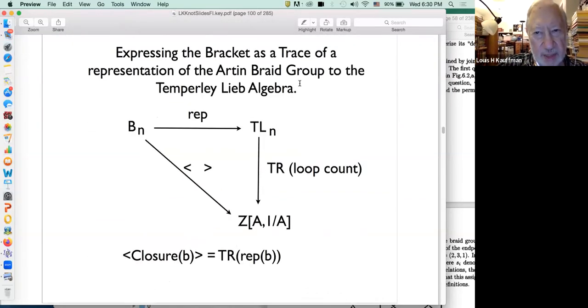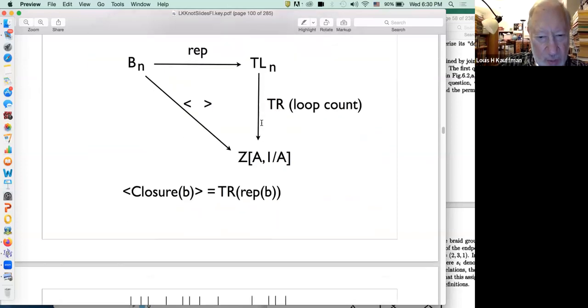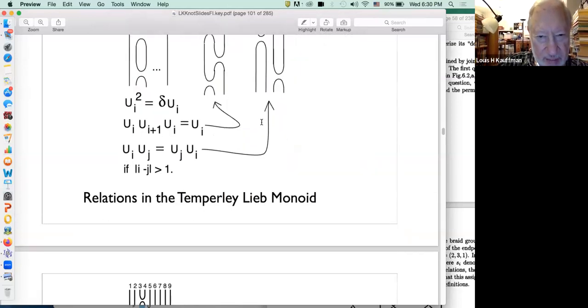So you can then express the bracket in this way. Take a braid, represent it into the Temperley-Lieb algebra, and then you have to figure out how to compute the bracket.